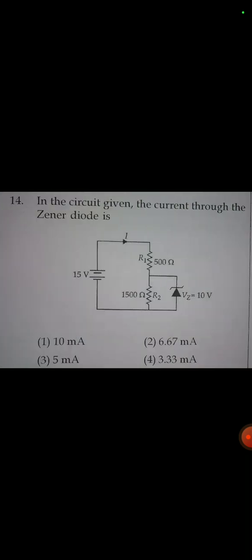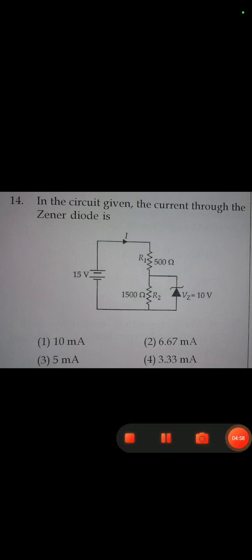Next, current through R1 is 10 into 10 to the power minus 3 ampere, which is 10 milliampere. Therefore current through the Zener diode is 10 minus 6.67 milliampere, which is 3.33 milliamperes. Then the answer is the fourth option.